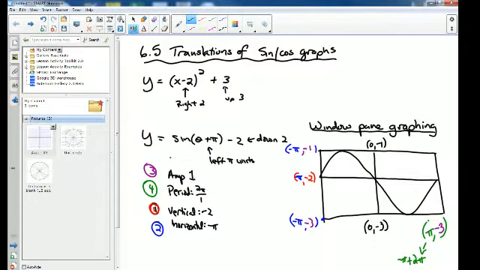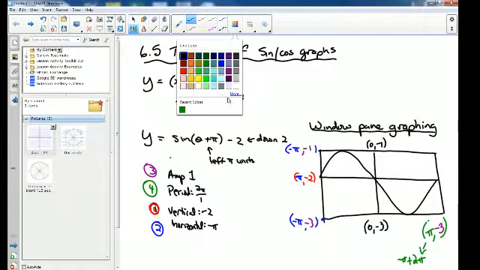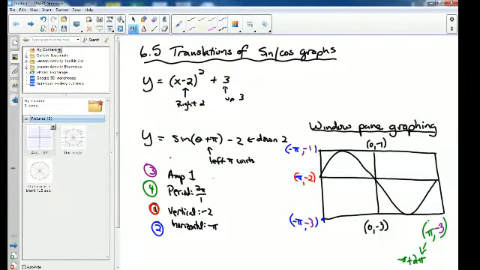Where do my axes need to be placed now? Where's my y-axis? Say when. Right there, because this is 0.